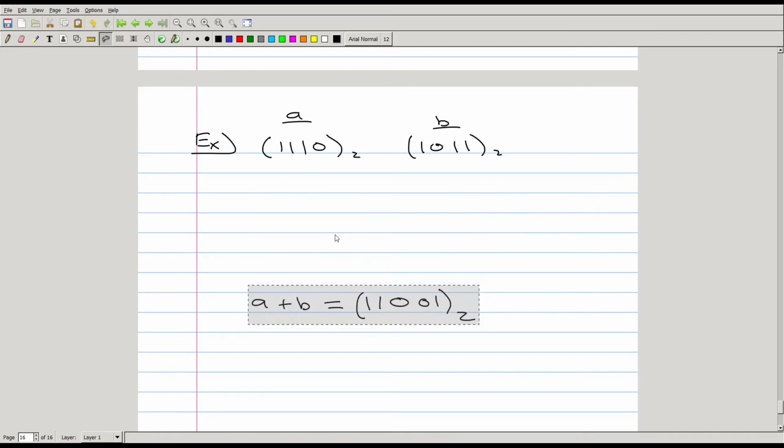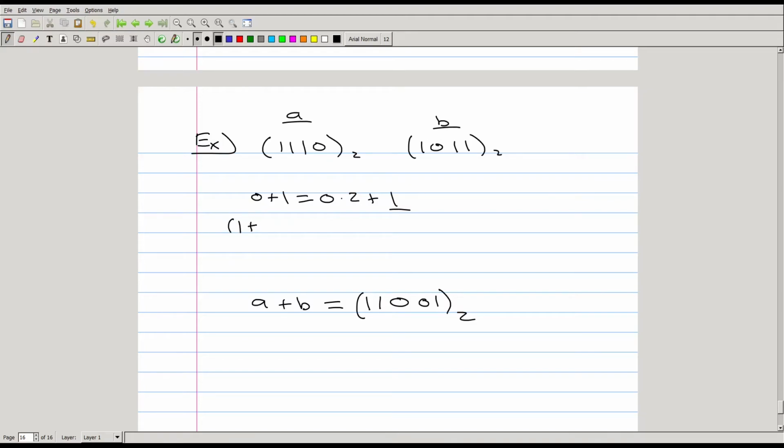Or in step-by-step form, 0 plus 1 is equal to 0 times 2 plus 1. So this is our first digit. The next is going to be 1, 1.